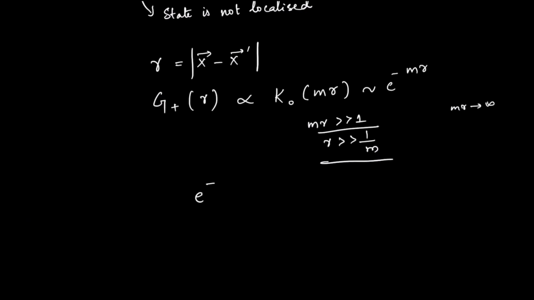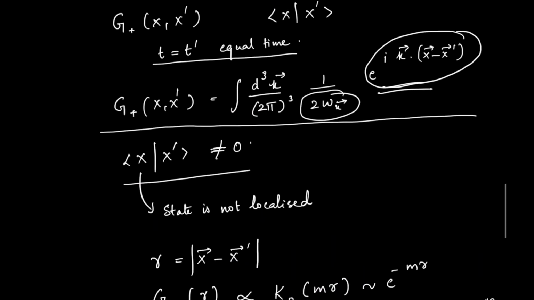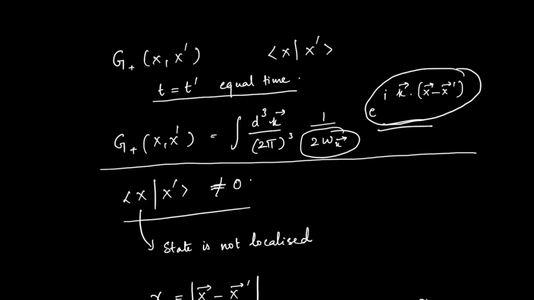So e to the power minus infinity, then g plus will be very small. But we have seen that g plus is not equal to 0, right? G plus can be very small, but g plus cannot be 0 because it's not a localized state.